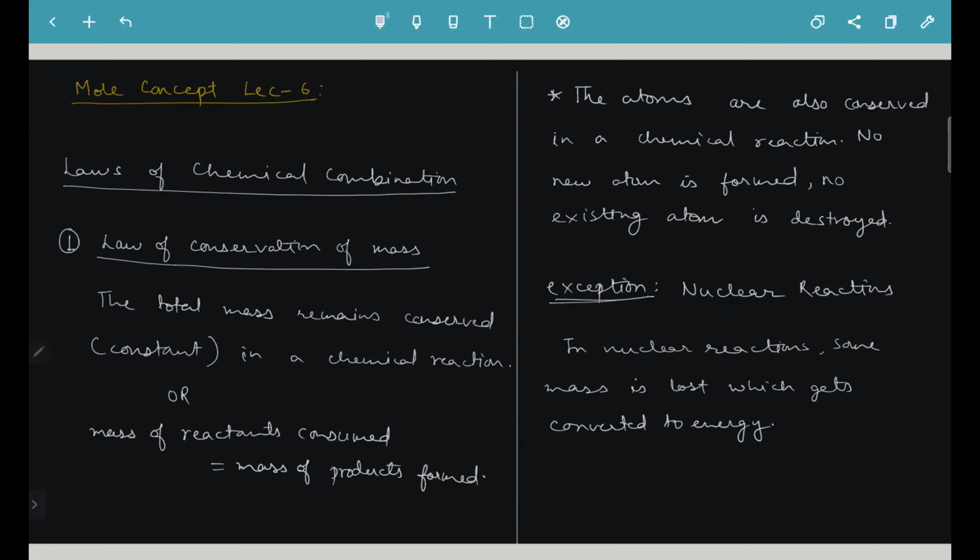Now let us do a simple question which shows an application of law of conservation of mass.